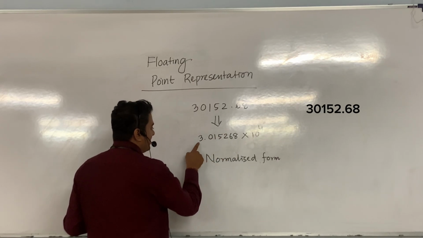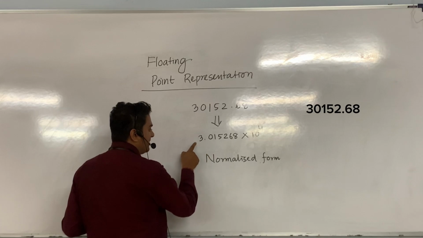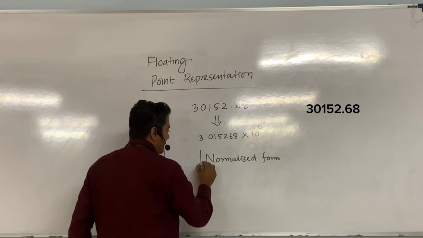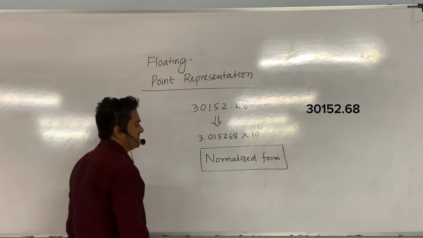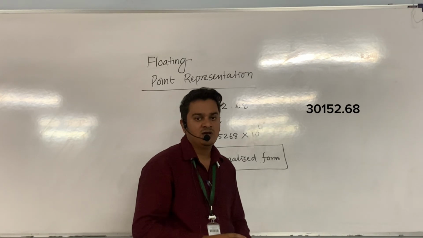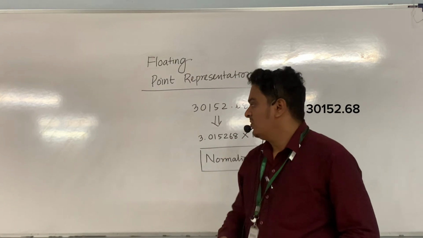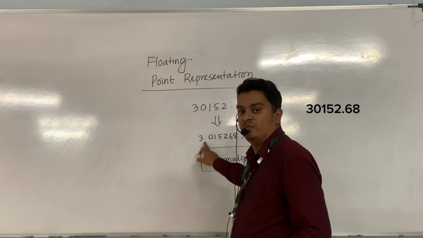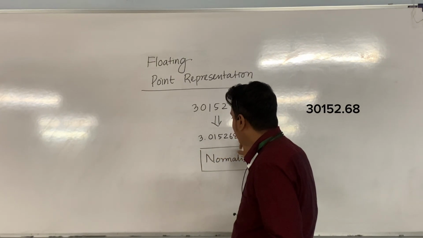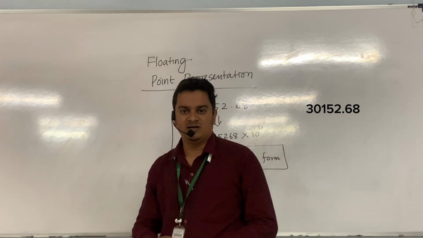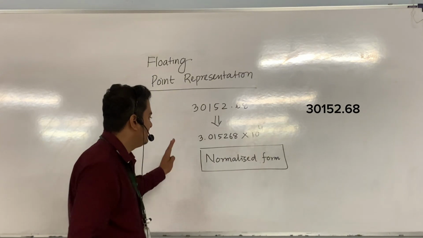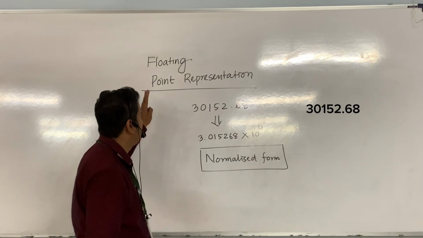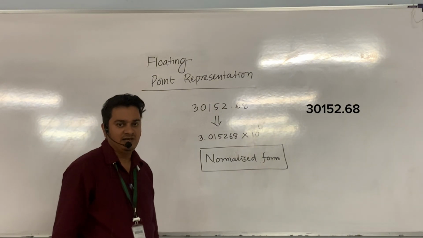Then we get one particular non-zero value before the decimal, and that is known as normalized form. So normalized form is a form represented with one non-zero value before the decimal, and after the decimal there may be many numbers. This type of form is very important in floating point representation.